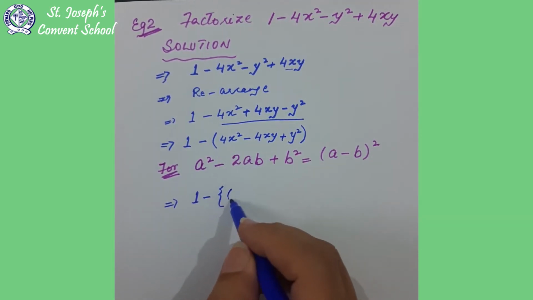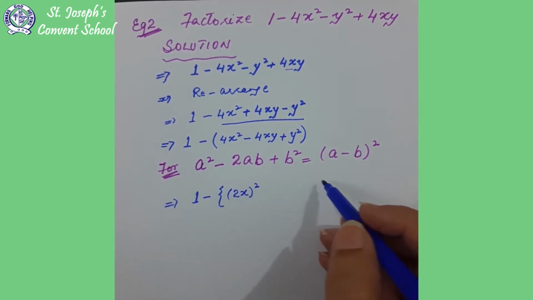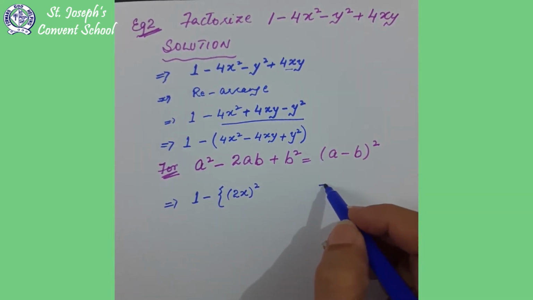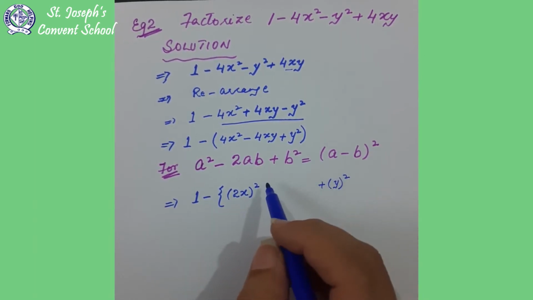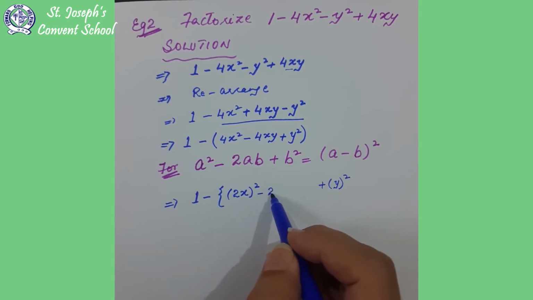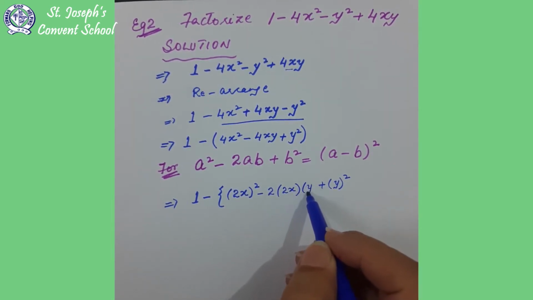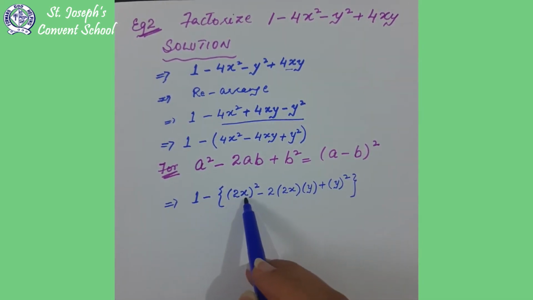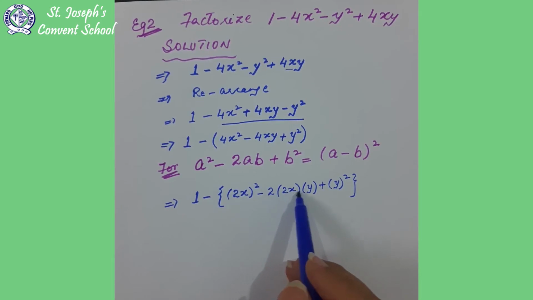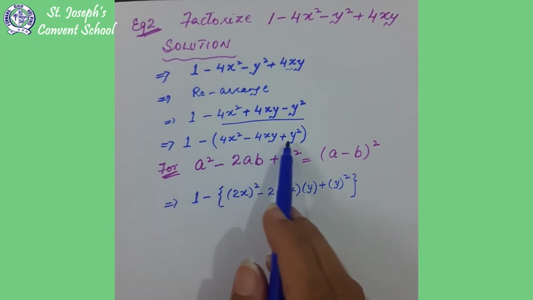This is the root of the first term, 2x the whole square, and the root of the last term, plus y the whole square, and the middle term will be minus 2ab, meaning first term into last term. So this is a square minus 2ab plus b square, and if you solve it you will get this question again.